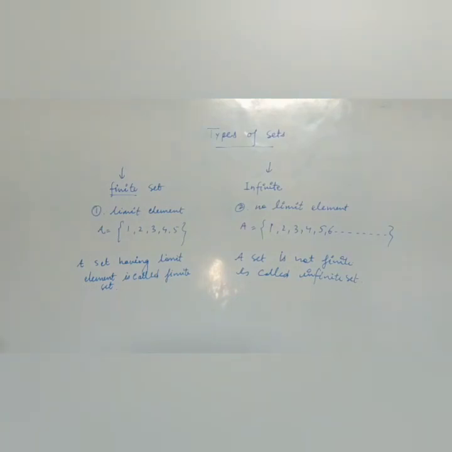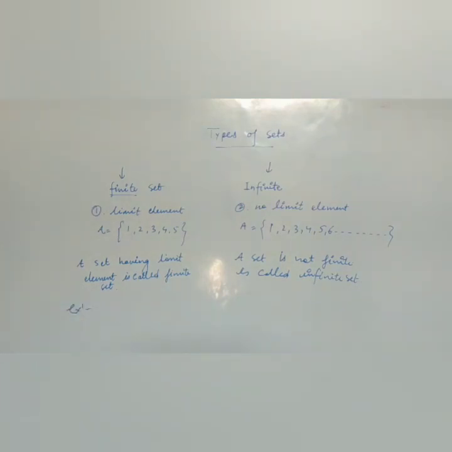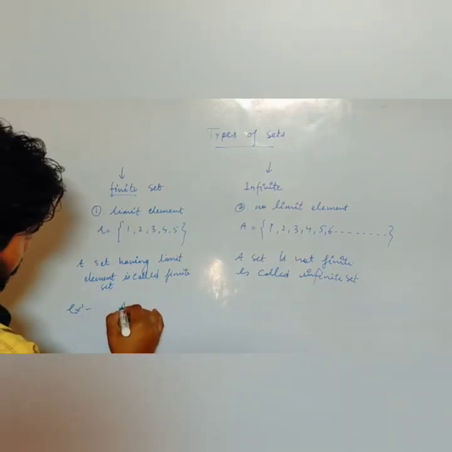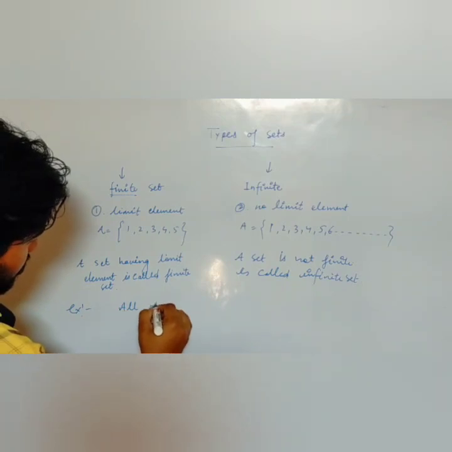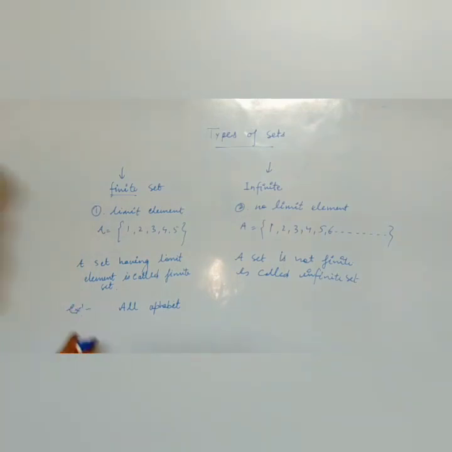Just another example we can explain this. The alphabet is limited, so it is a finite set.